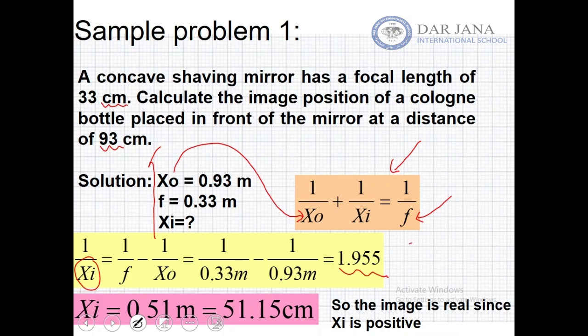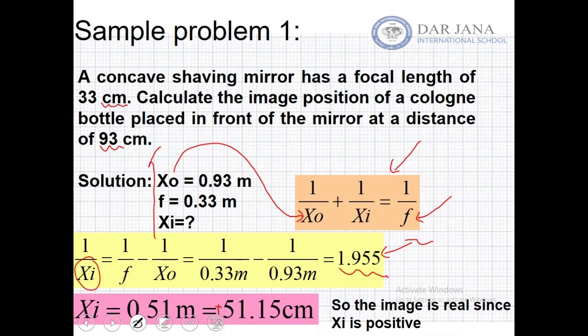This one is the most dangerous step. Sometimes some students may get confused here and think that 1.955 is the final answer. Don't forget to do the reciprocal. So the image distance now is positive.